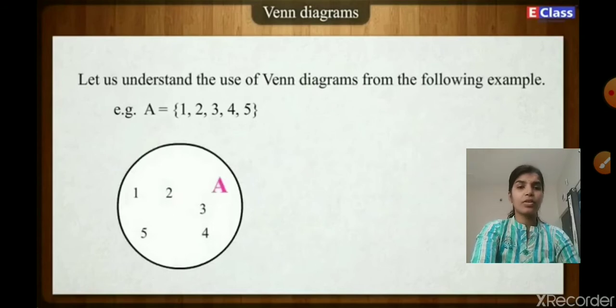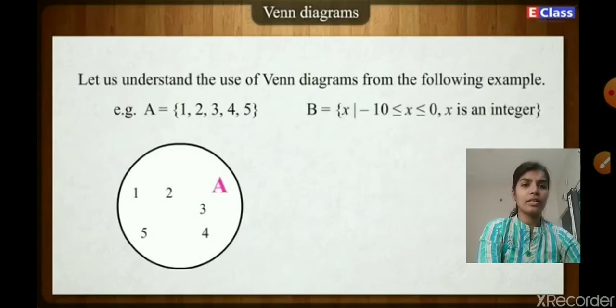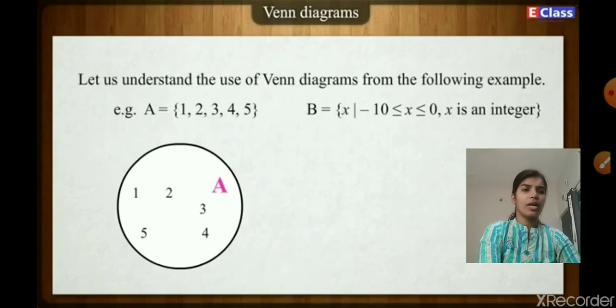Here you see that we are drawing one circle and in that we write the elements of set A such as 1, 2, 3, 4, 5, and give the circle the name A with a capital letter. Then here we are given the second set B. B is a set of all x such that minus 10 is less than or equal to x, less than or equal to 0, x is an integer.